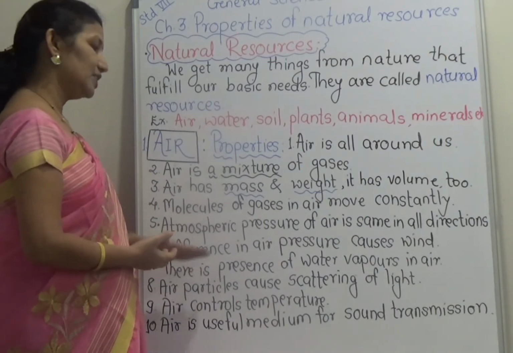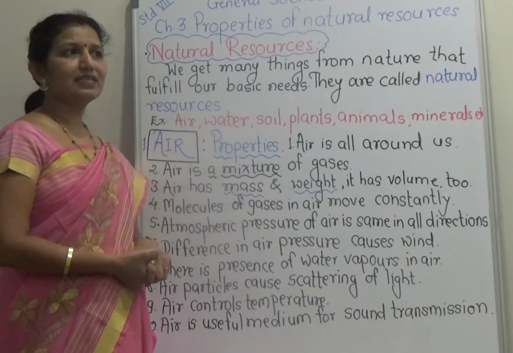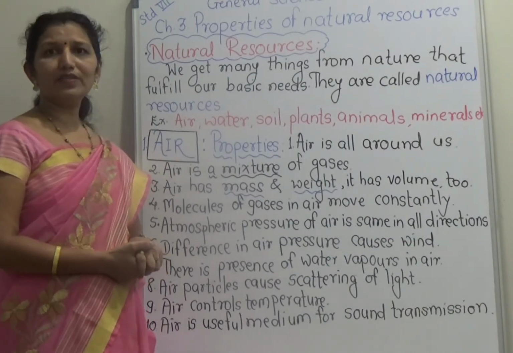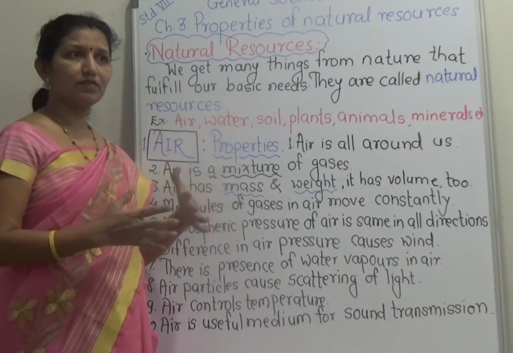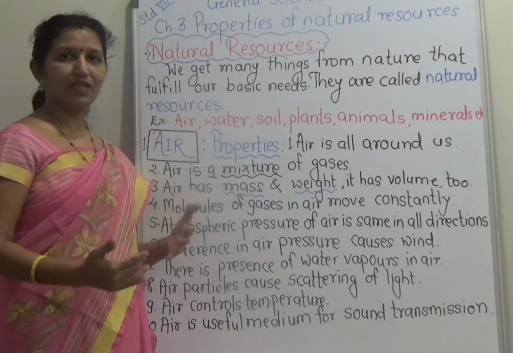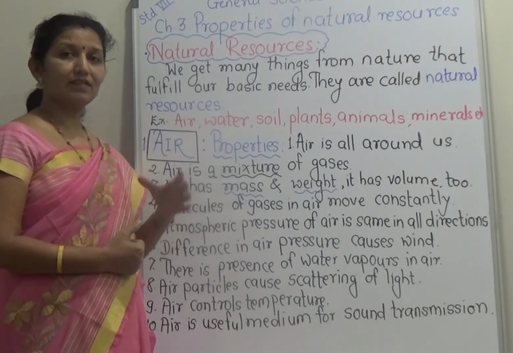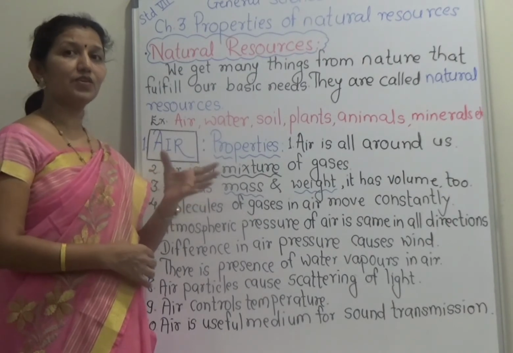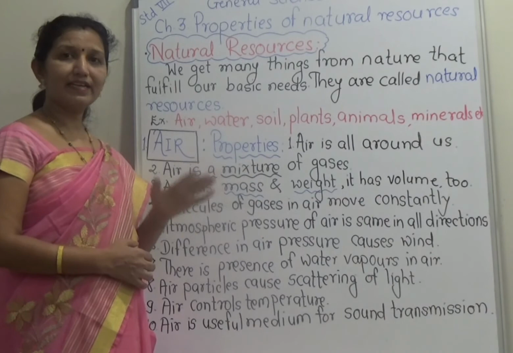Then there is presence of water vapors in air. For that, we know that there is formation of dew. In the afternoon, there is high temperature compared to evening or night, and the humidity is less in that air. But at night, what happens?